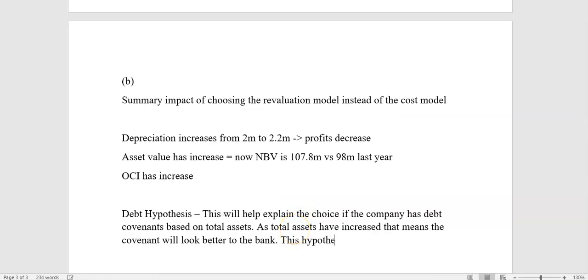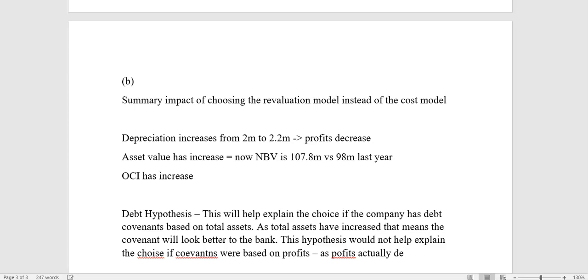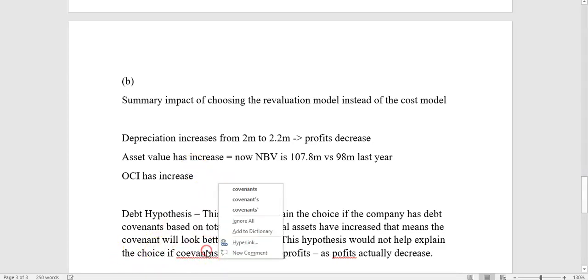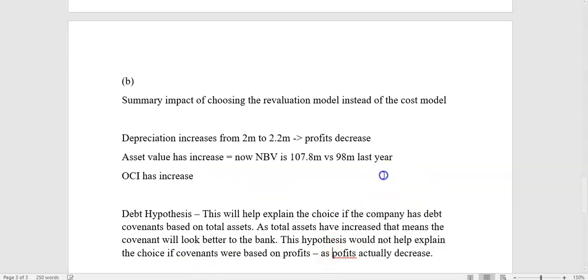This hypothesis would not help explain the choice if covenants were based on profits, as profits actually decrease. So it wouldn't explain a company choosing the revaluation model if you had a debt covenant based on profits. For example, interest cover is based on profits.